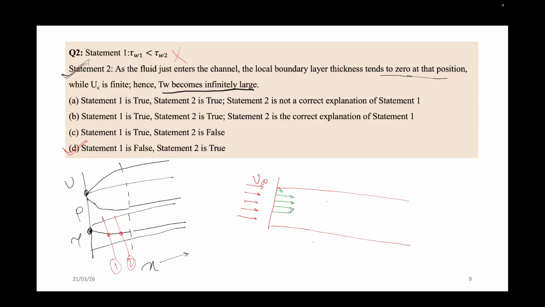Only the layer next to the wall has less value. It is because of the friction this layer is getting affected. Now if I plot this, it will be somewhere like this way. You got it? Now I am taking another layer after a few distance.